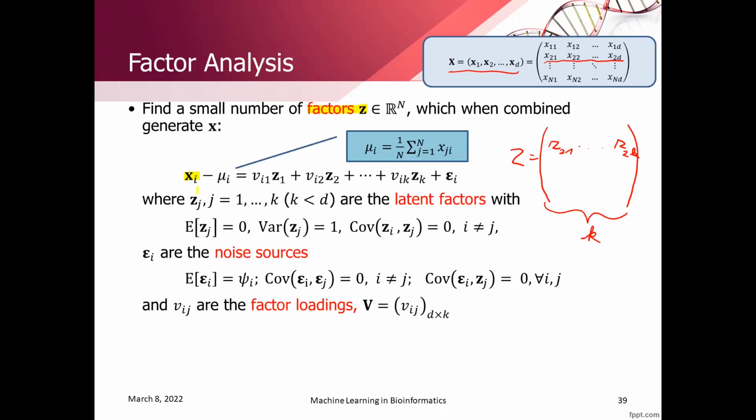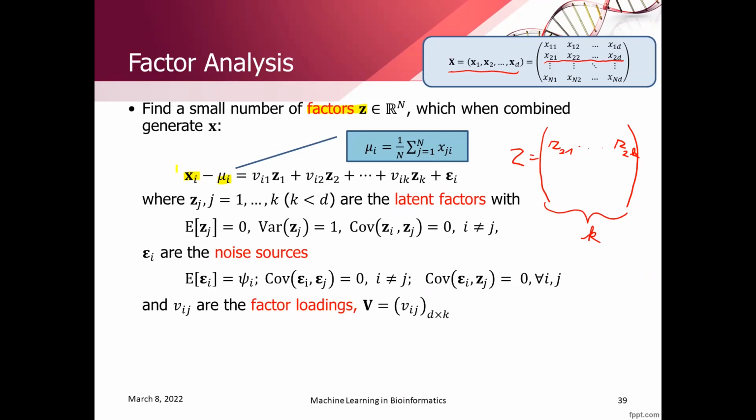One column is denoted as boldface xi, the ith column of the matrix, so the ith dimension, minus its mean mu i.